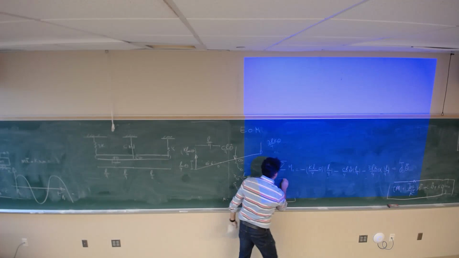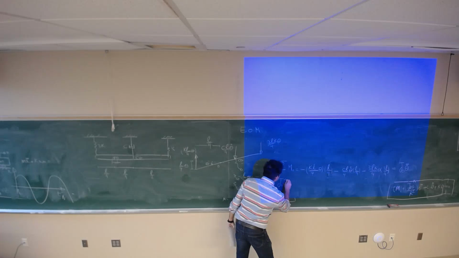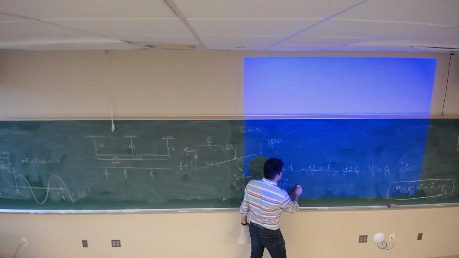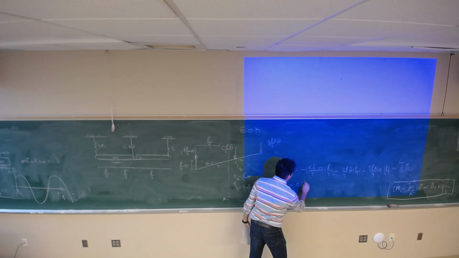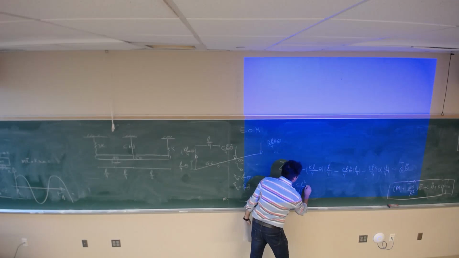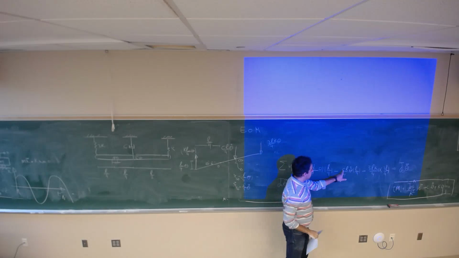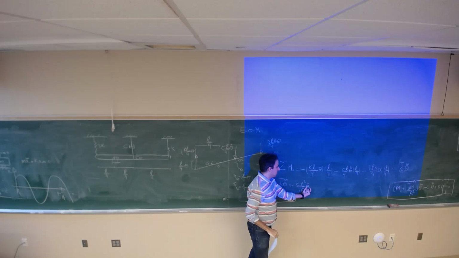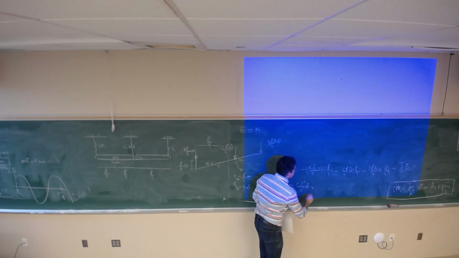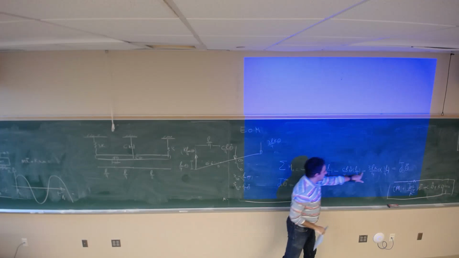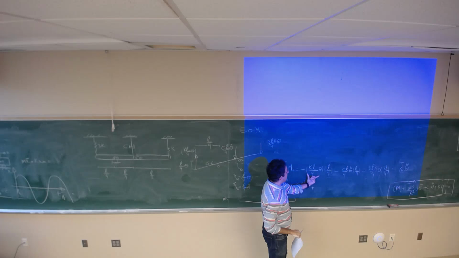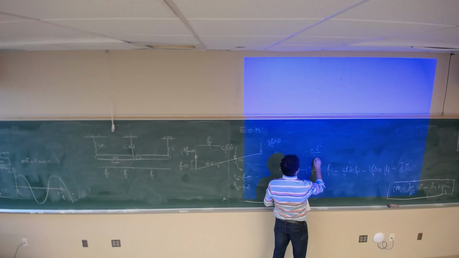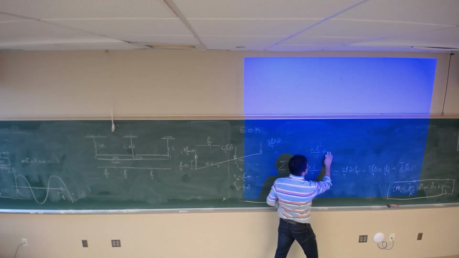I'm getting J naught theta double dot plus C L squared divided by 16 times theta dot, plus K L squared over 16 times theta.